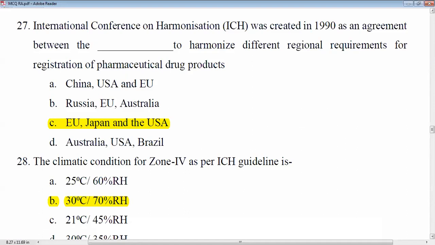So the correct answer is C, that is Europe, Japan, and the USA. So between Europe, Japan, and the USA, to harmonize the different regional requirements for registration of pharmaceutical drug products, in 1990 International Conference on Harmonization was created.